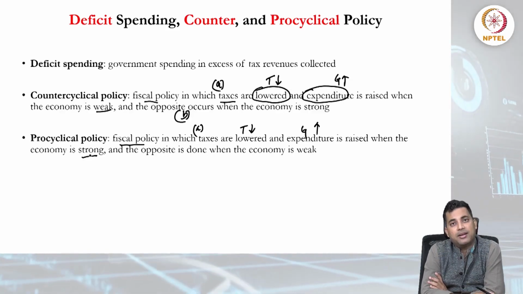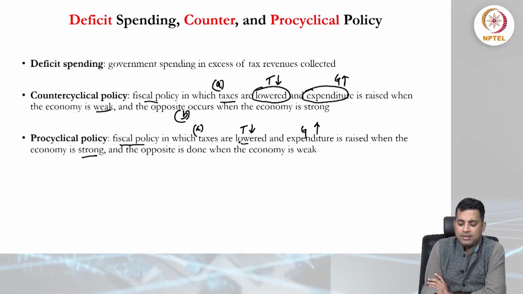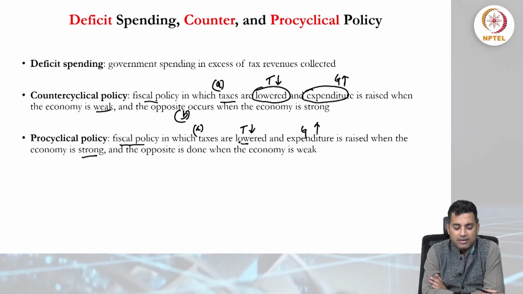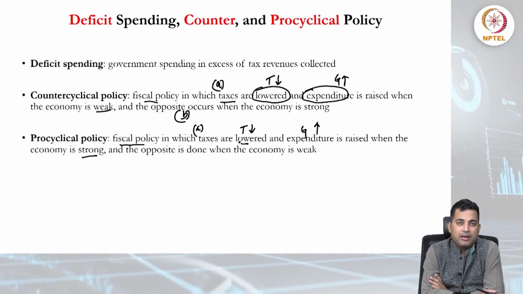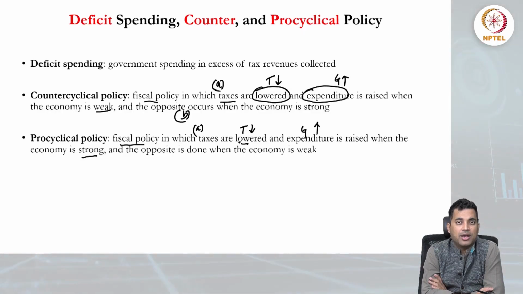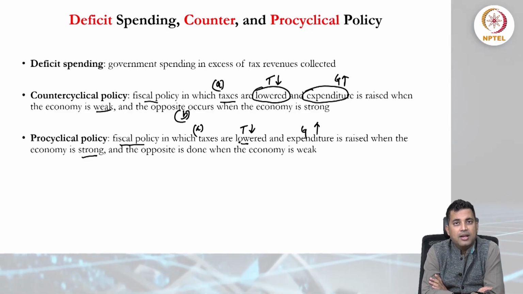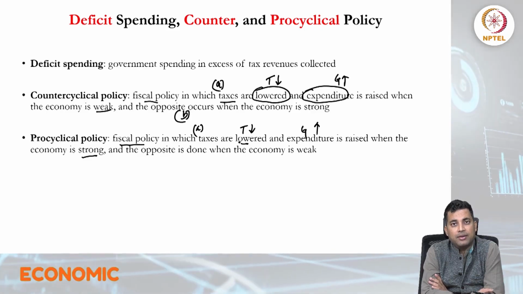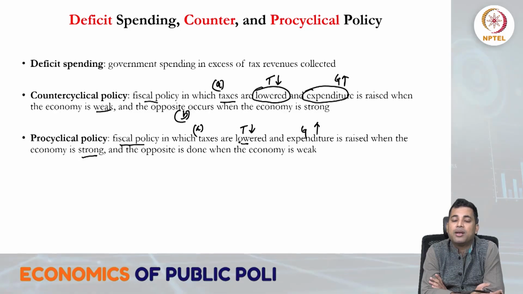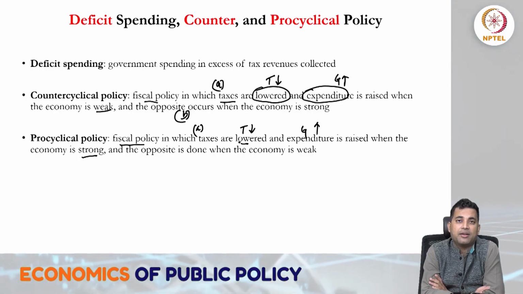But in pro-cyclical policy, tax is again lowered and expenditure is raised, but in the case of a strong economy. So here the government expenditure is still high despite the economy being strong, for instance from the business point of view, in order to encourage business.